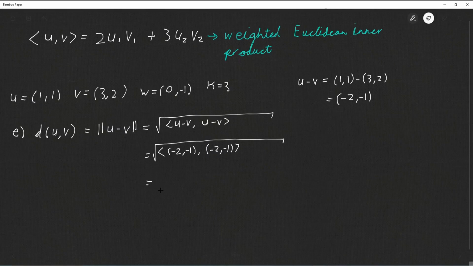So now this becomes the square root of 2 times, because we're still using the weighted inner product, our first terms, which are negative 2 and negative 2, plus 3 times our second terms, which are negative 1 and negative 1. So this will become 4 multiplied by 2, which is 8, plus 3, which gives us the square root of 11.